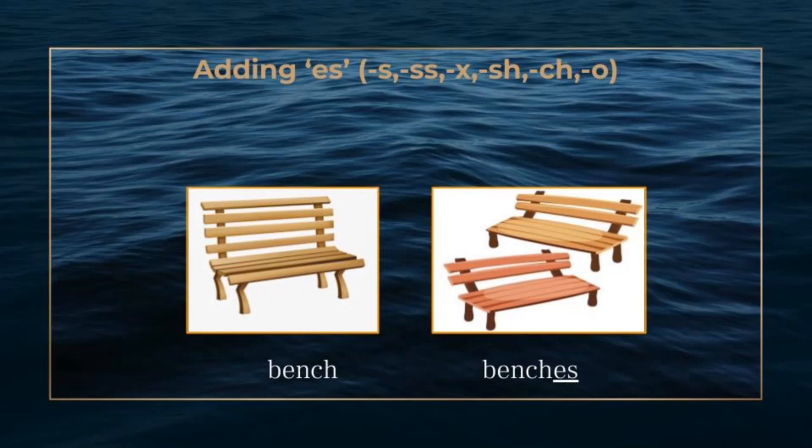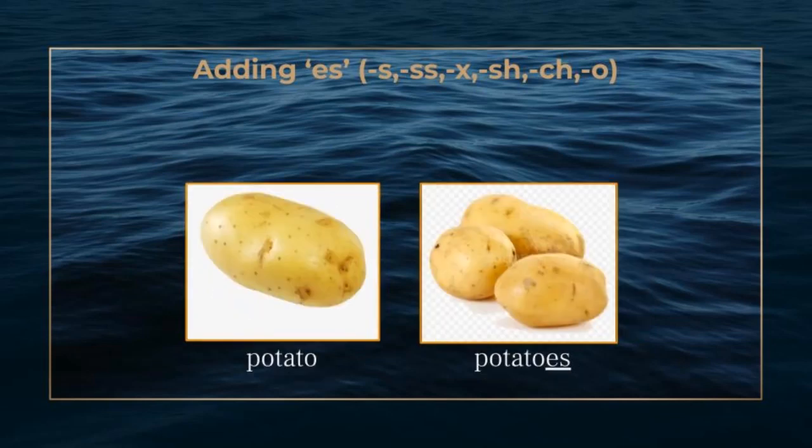The plural form is benches. Students, if a singular noun ends in O, we have to add ES. If a singular noun ends with the letter O, we have to add ES.